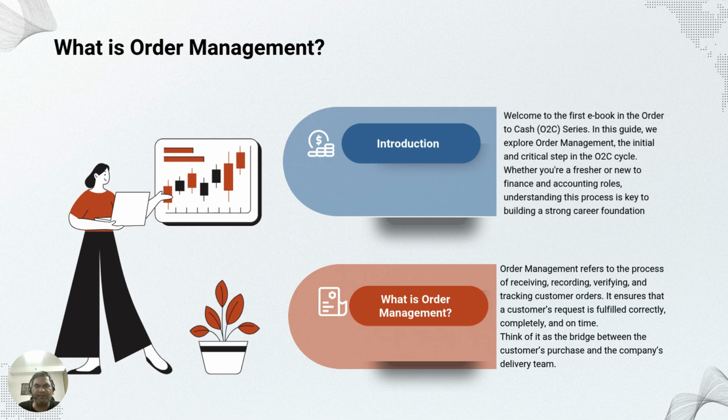Now, what is order management? How do you describe it? Order management refers to the process of receiving, recording, verifying, and tracking customers' orders. It ensures a customer's request is fulfilled correctly, completely, and on time, which means receiving the order, fulfilling the order correctly, plus delivering it on time is one of the key concepts of order management.